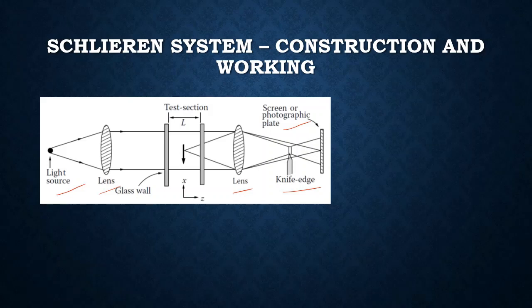So I had already told you about the working principle: the light ray follows a curved path. The curved path bends towards the region of higher density, and it goes away from the region of lower density. So where high density occurs inside the test section, we will have the curved path.